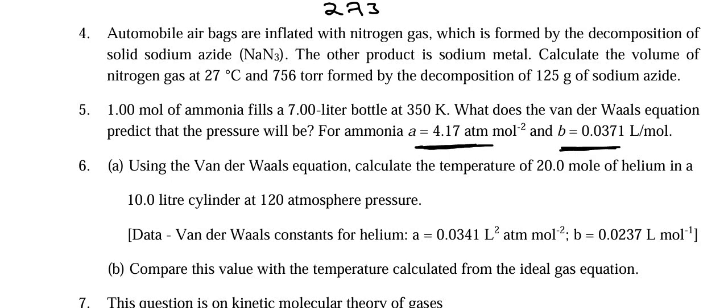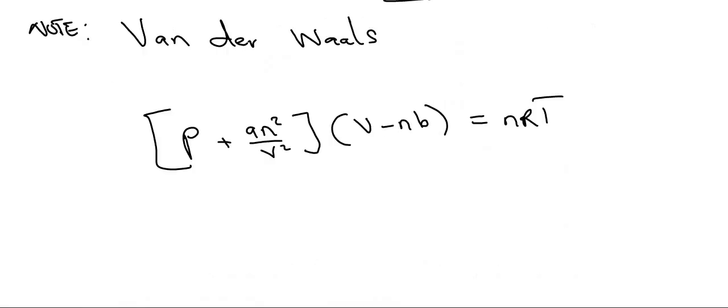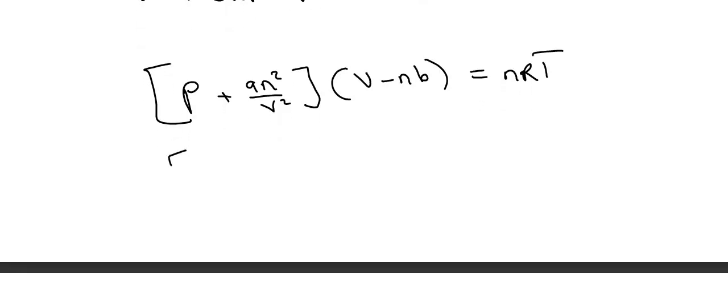So if we're looking for the pressure, we go back here. I've given you the formula. According to the data, if I just open our document, we're looking for P. So I'll put the P there.